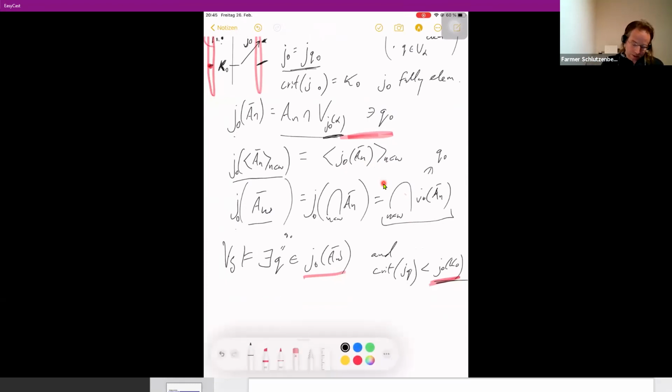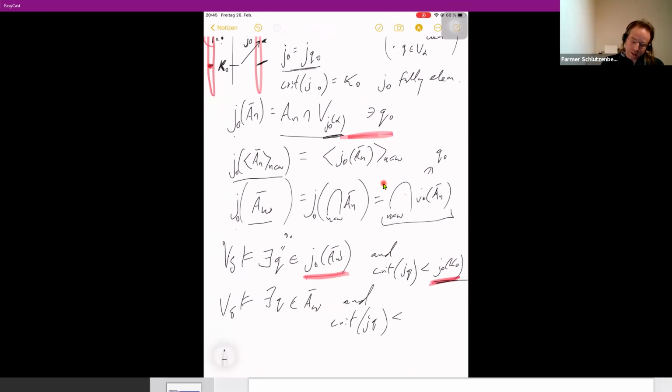But that's just an elementary statement. These are just parameters in the range of J0, so I can pull it back. That gives me V delta satisfies there exists Q in A bar omega, and the critical point of JQ is less than kappa 0. But A bar omega is exactly the parameters in V alpha that give me fully elementary maps, and I was supposed to choose kappa 0 as the minimal critical point of one of them.